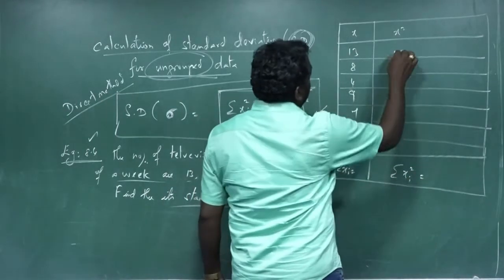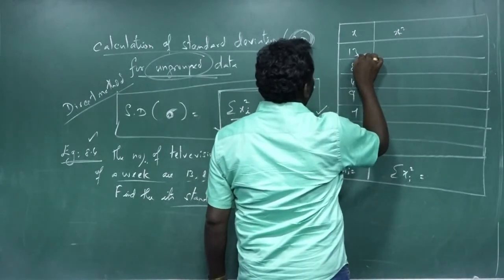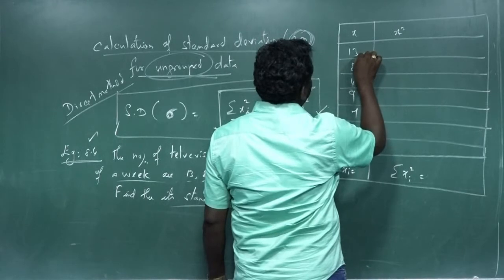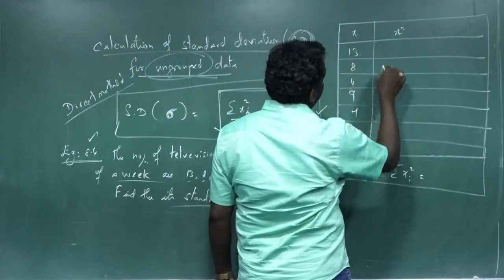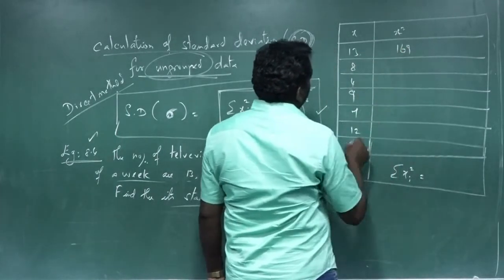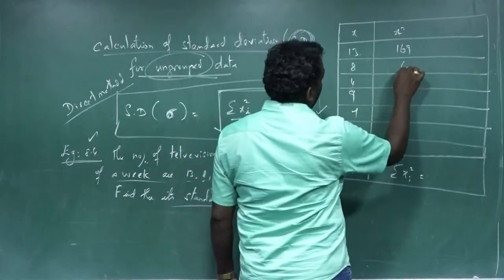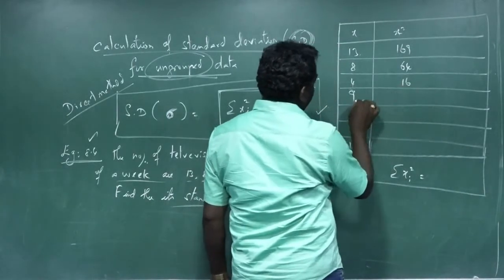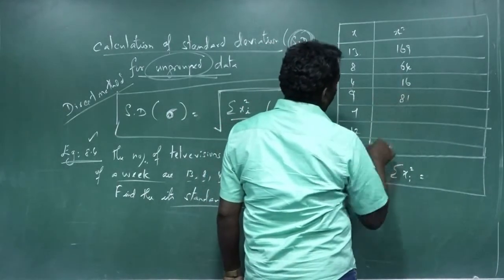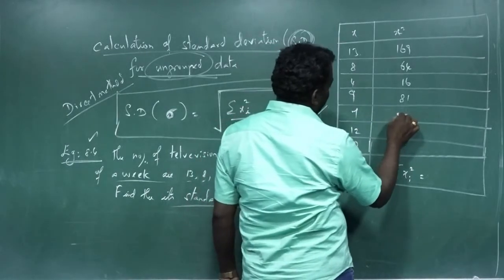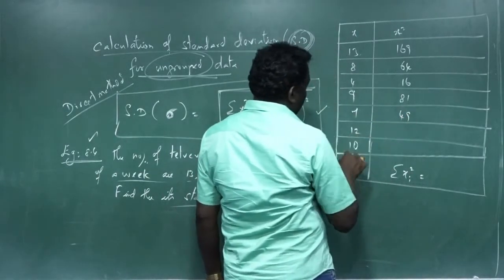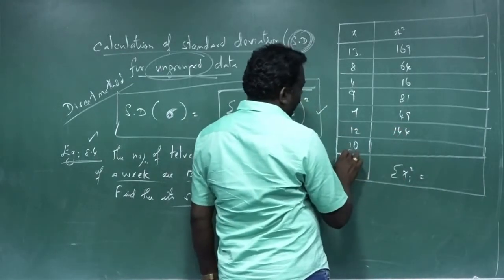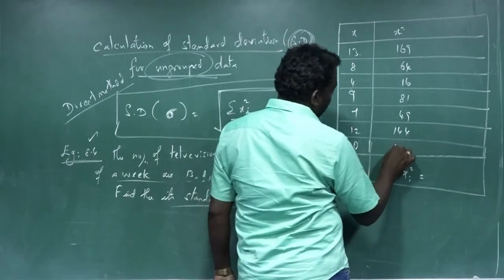Xi square means multiplying x by itself. So x equal to 13, 13 into 13 is x square, therefore 169. Then x equal to 8, square is 64. x equal to 4, square is 16. x equal to 9, square is 81. x equal to 7, seven sevens are 49. x equal to 12, square is 144. x equal to 10, square is 100.